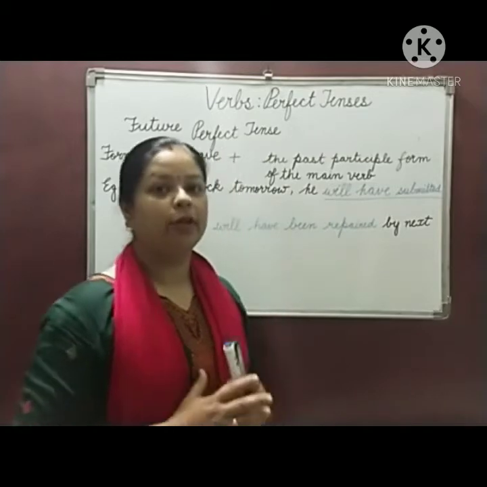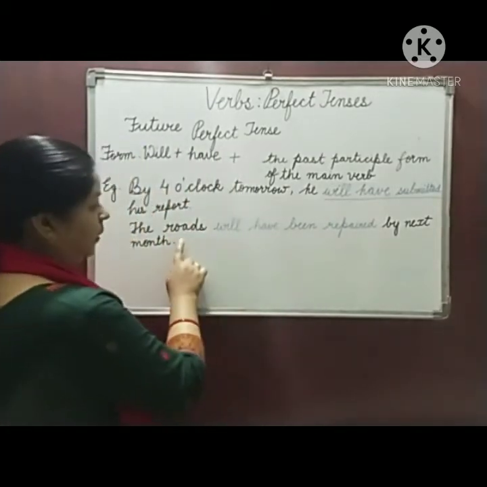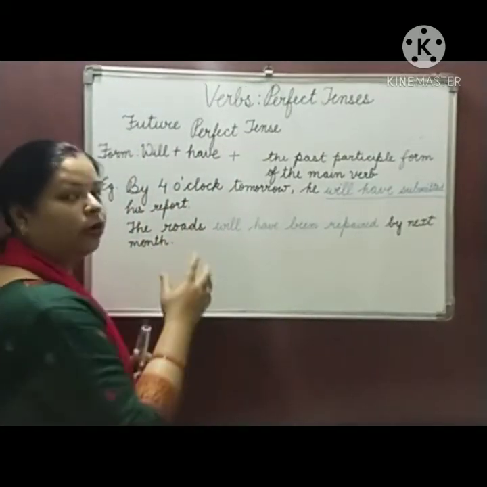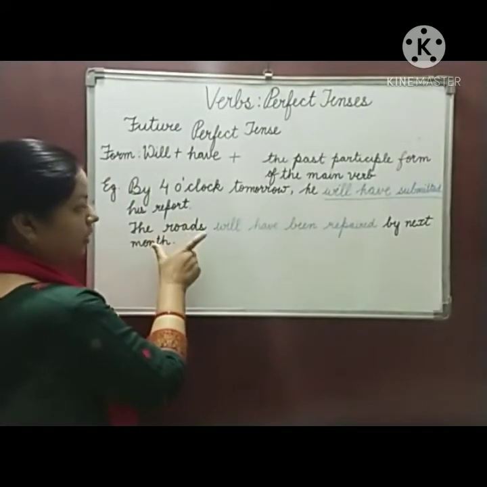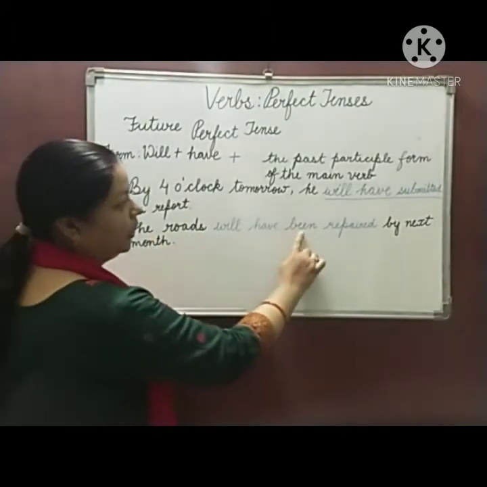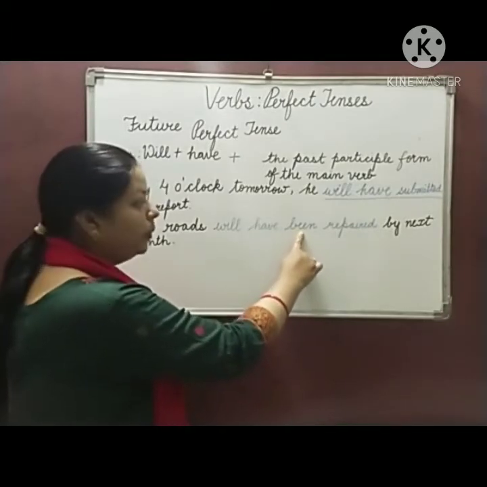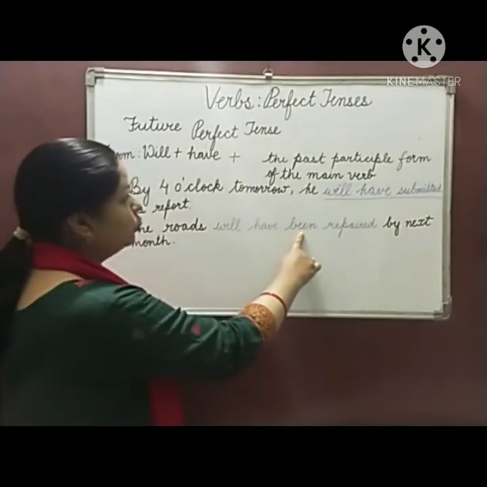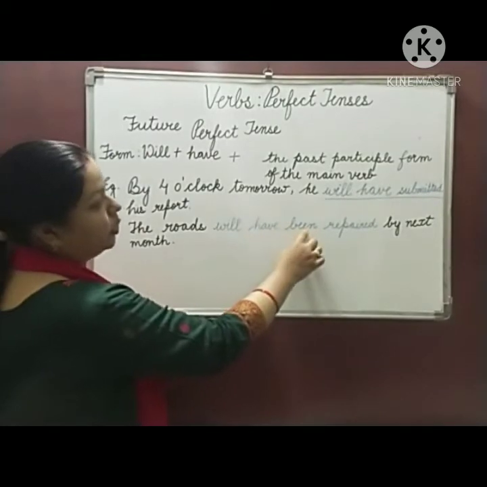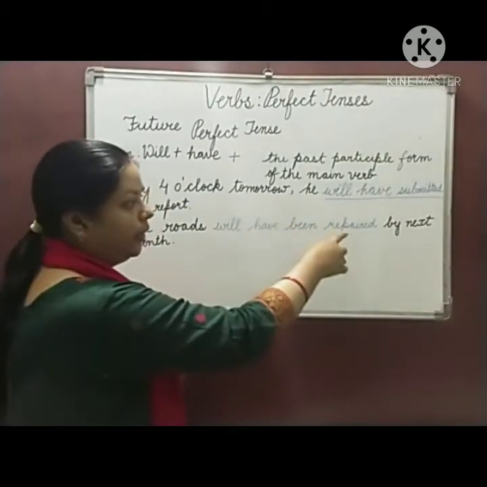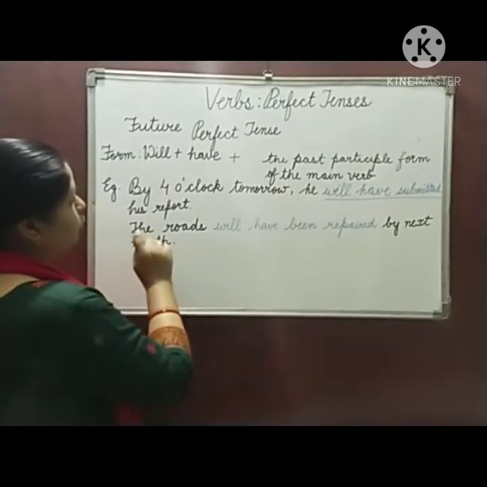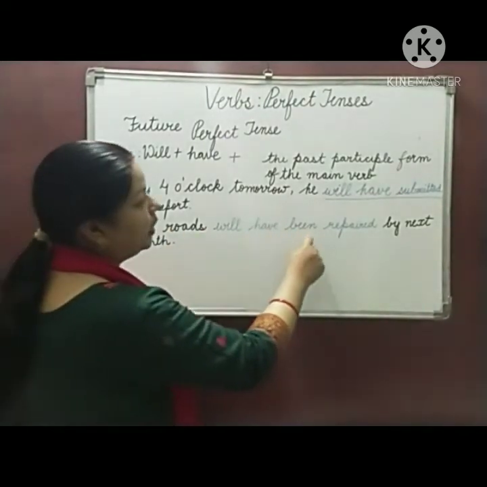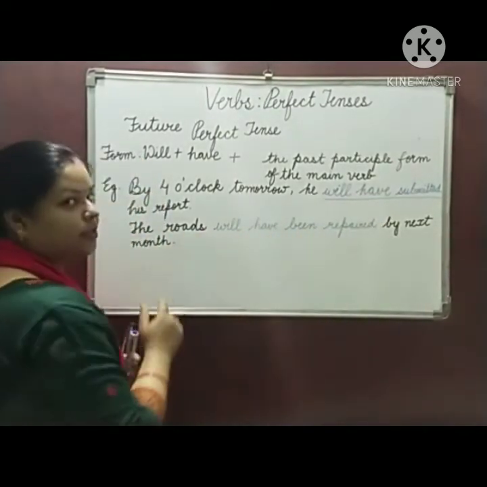Here the roads cannot repair themselves, so this sentence is in passive form, and we have added been here to make the sense clear. So in such sentences we use been with the tense and the sentence becomes quite clear. So: the roads will have been repaired by next month.